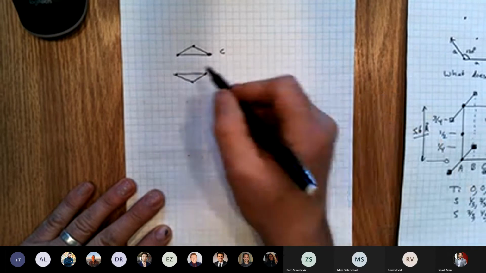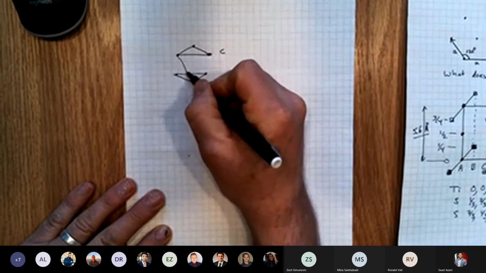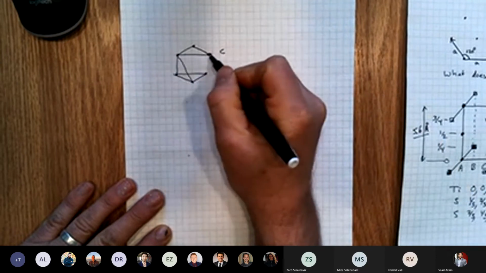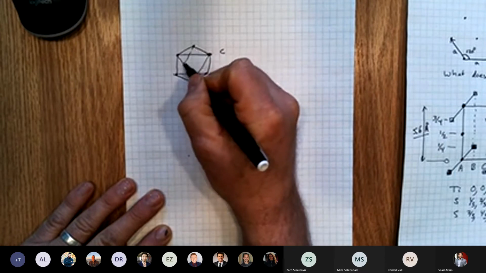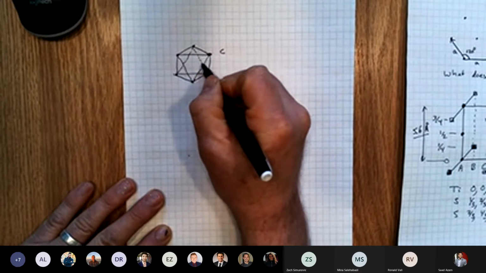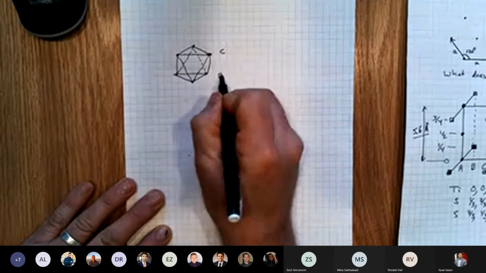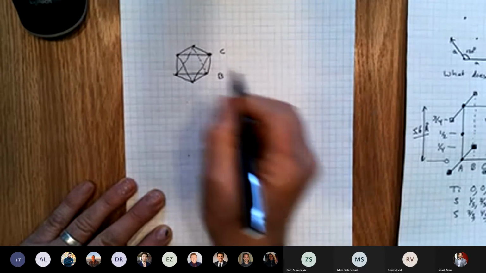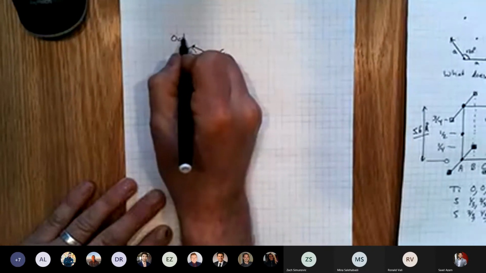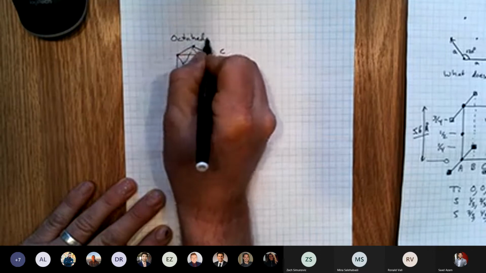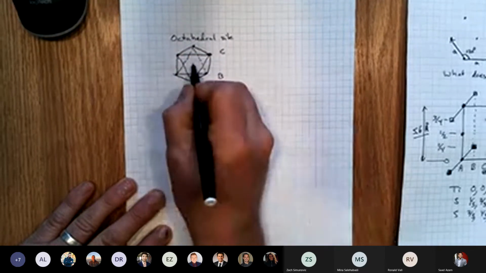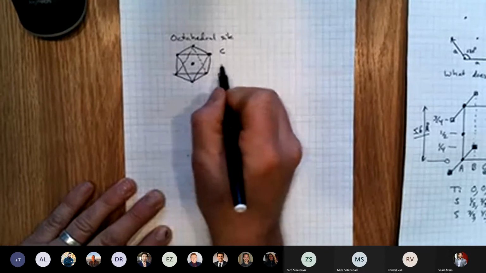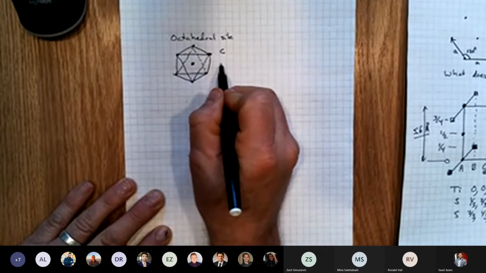If you join these atoms with lines, you'll find you get an 8-sided figure, which is an octahedron. And the lithium atom sits in the middle on the A site.